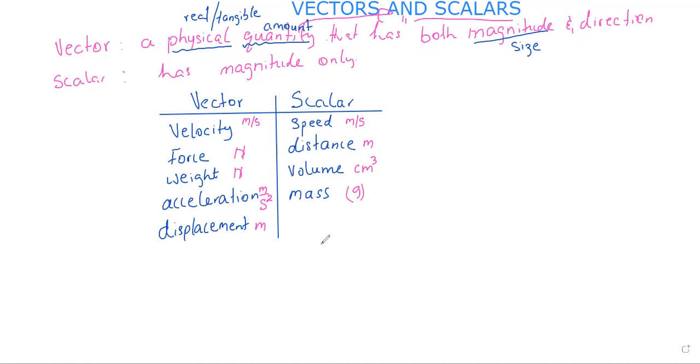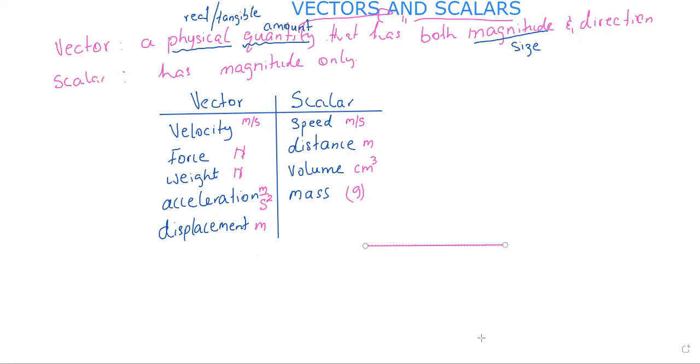Right. The question is, how do you represent a vector? We use a line to represent a vector. That will be a vector.